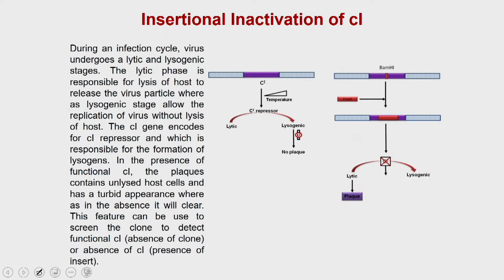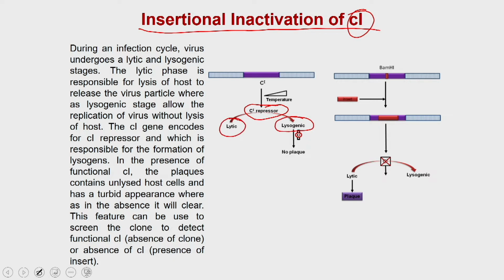Now, the third approach is where you are doing the insertional inactivation of the CI factor. The CI is a crucial factor and responds to the temperature. So, CI is a repressor which modulates the virus's activity between a lytic cycle and a lysogenic cycle.